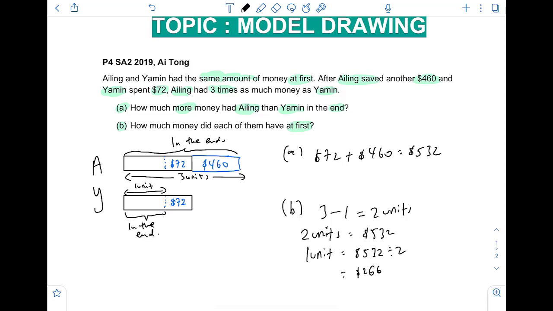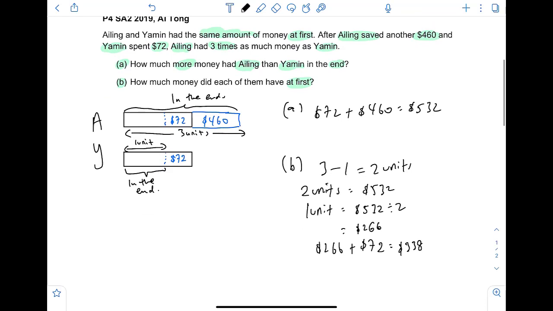And to find Yamin's amount at first, we take 266 plus 72. Answer, $338. This is the answer for part B, and this is the answer for part A.